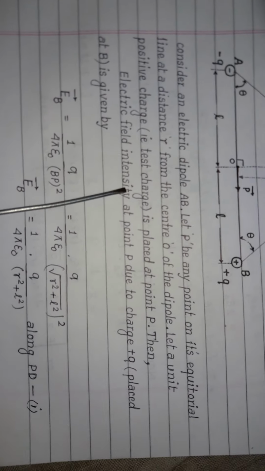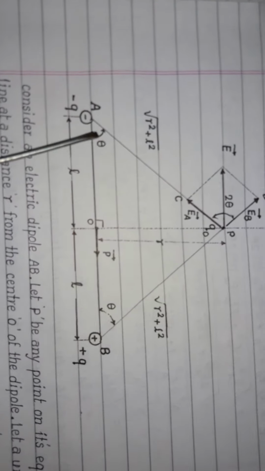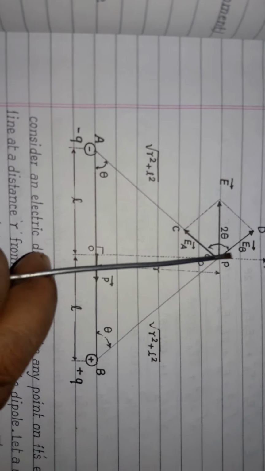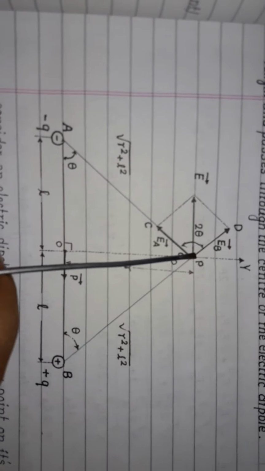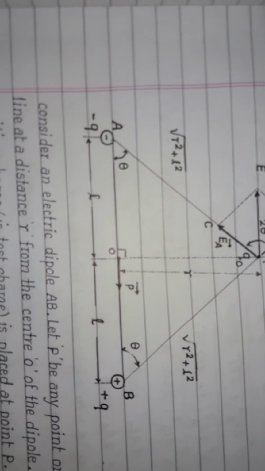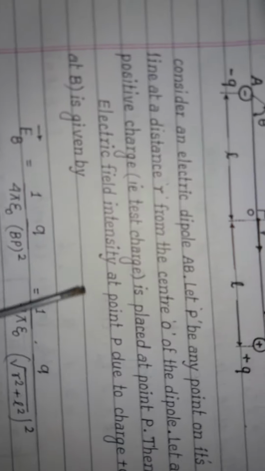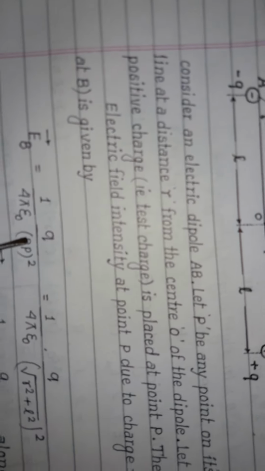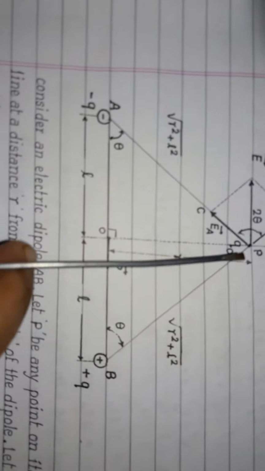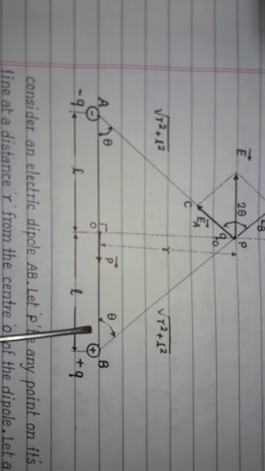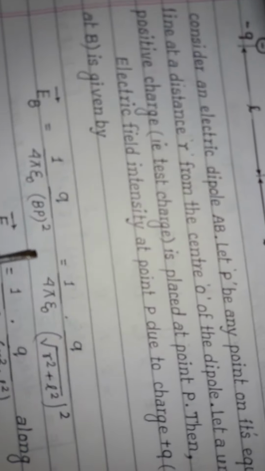Clear? Then the electric field intensity at P due to charge plus q, at B, is represented by EB. EB equals, the formula we know, 1 by 4 pi epsilon naught, the source charge plus q, divided by the square of the distance between the observation point and the source charge. See, the observation point is P and the source charge is B, so square of BP.